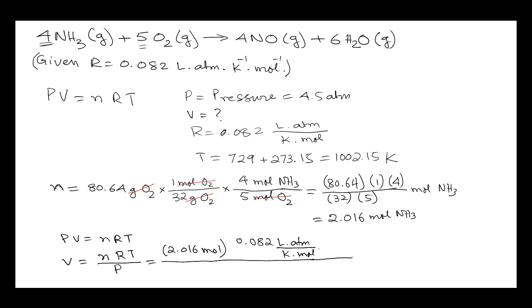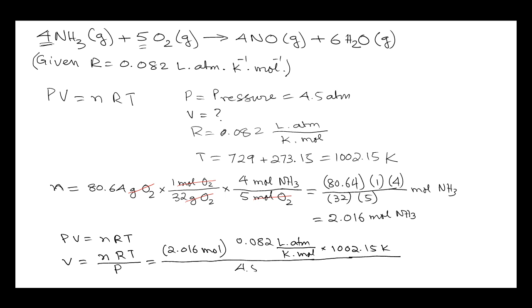Then the T that we have is 1002.15, and the unit is K. In the denominator is the P, and the P is 4.5 atmosphere.